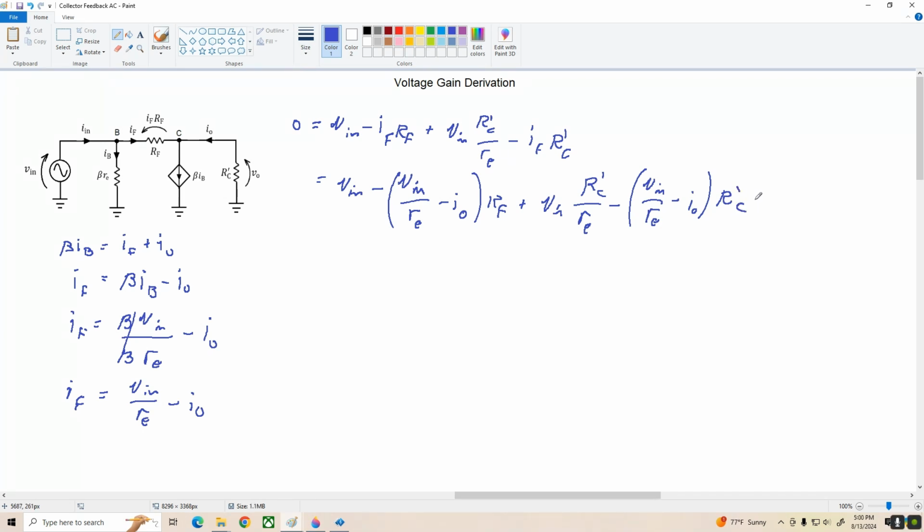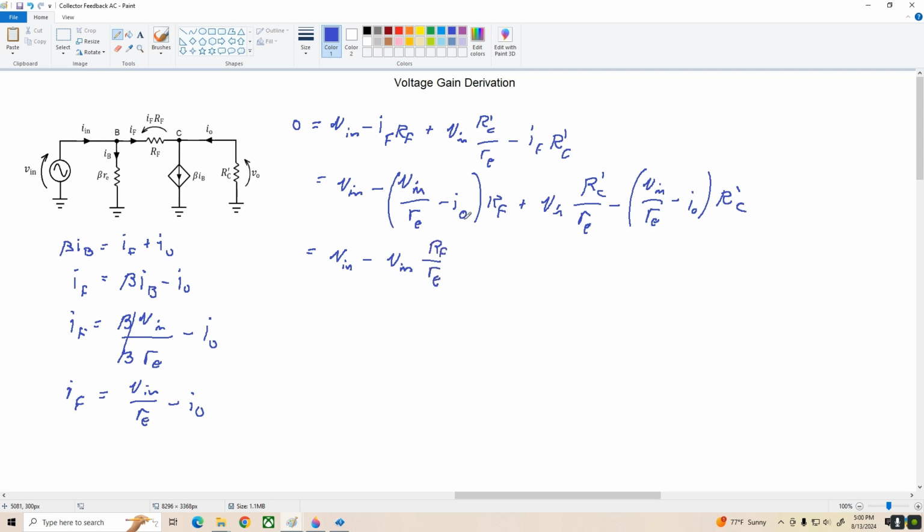Now what we want to do next is distribute Rf through this factor and R prime c through this one, and that's going to give us Vn minus Vn times Rf over little re.